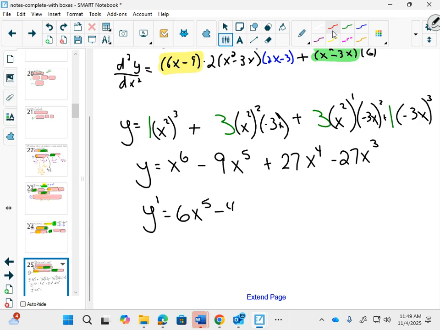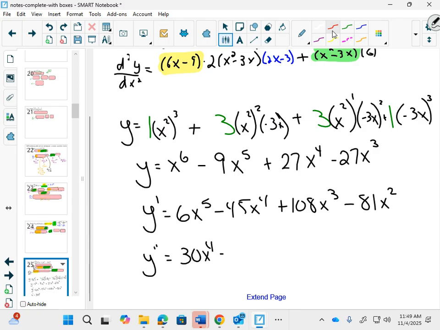6x to the 5 minus 45x to the 4 plus 108x cubed minus 81x squared is my first derivative. And it just used the power rule. And then my second derivative, 30x to the 4 minus 180x cubed plus 324x squared minus 162x.